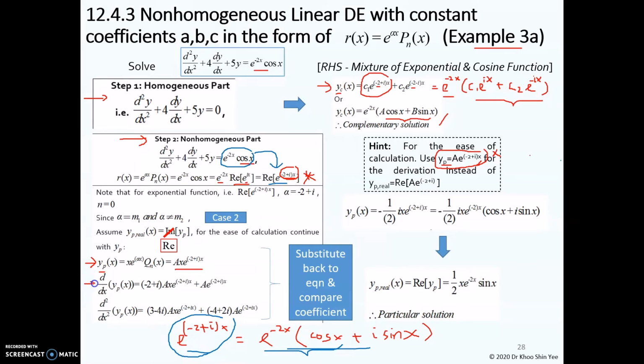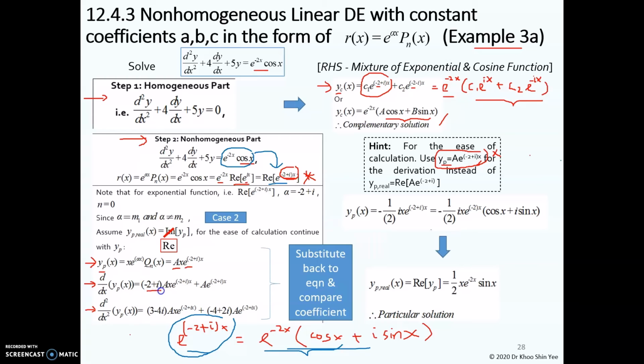We can continue to find the yp prime and yp double prime by using differentiation. So you keep the ax constant and you differentiate the exponential, you should obtain this, plus you keep the exponential constant now and differentiate the ax, you should obtain a.